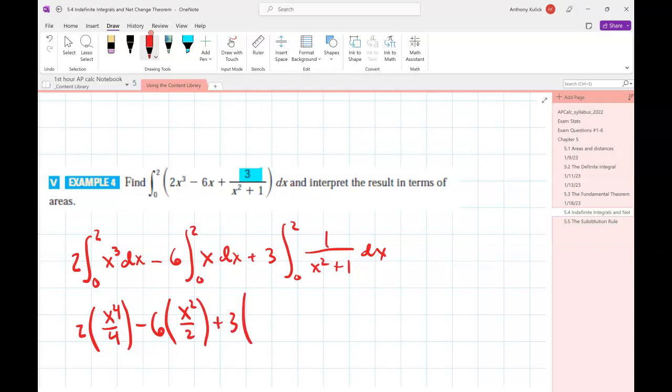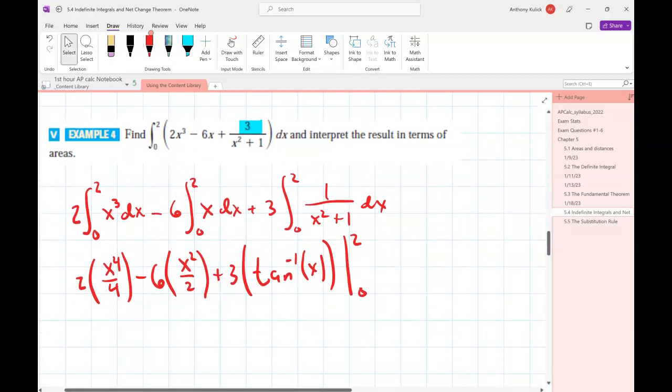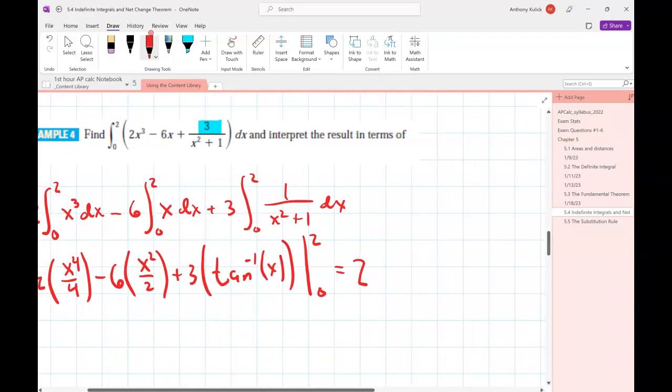The antiderivative of 1 over x squared plus 1. Tangent inverse. Excellent. And we're going to evaluate that from 0 to 2. Just write it this way.